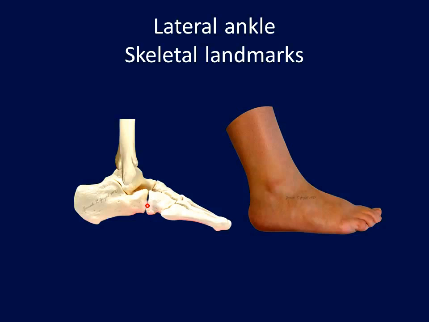This joint lies almost in the same transverse plane as the talonavicular joint. The talonavicular joint and the calcaneocuboid joint have separate joint cavities but together are known as the transverse tarsal or mid-tarsal joint or Chopart's joint.